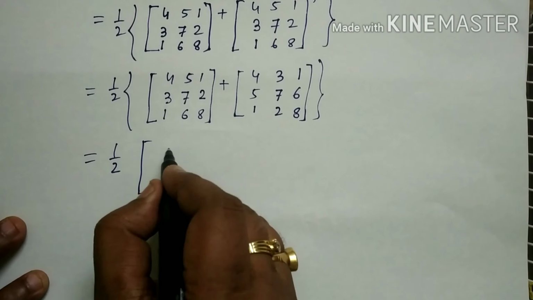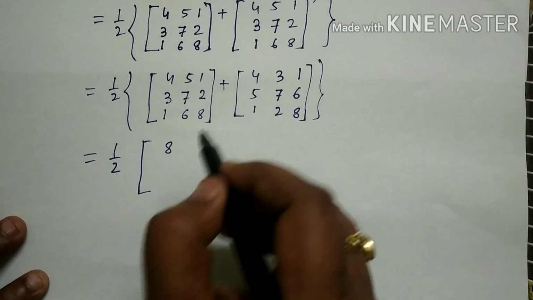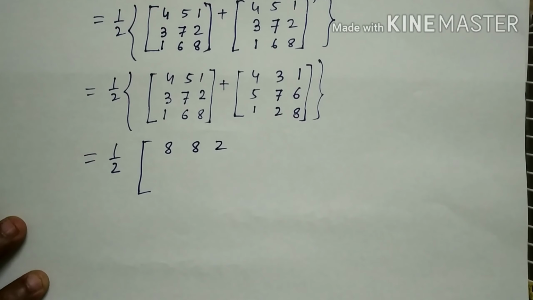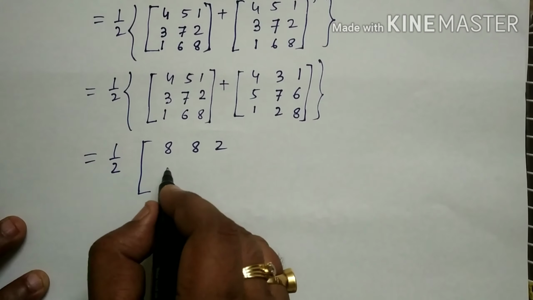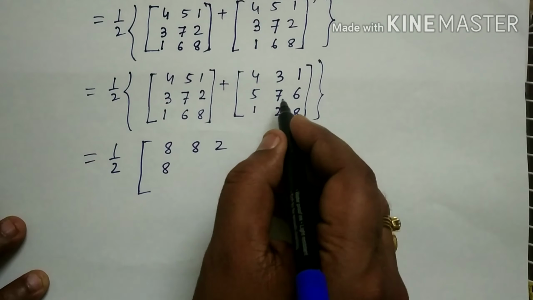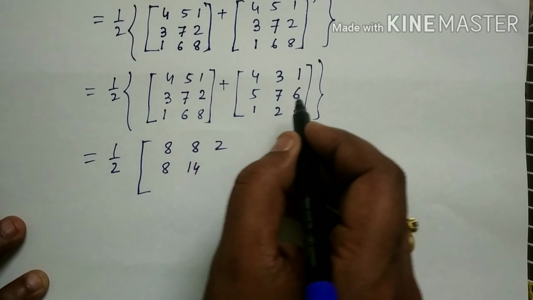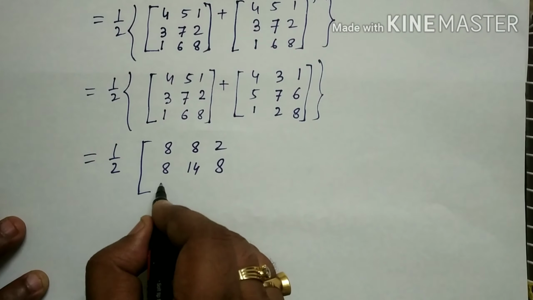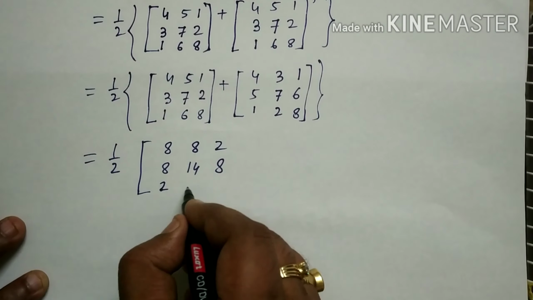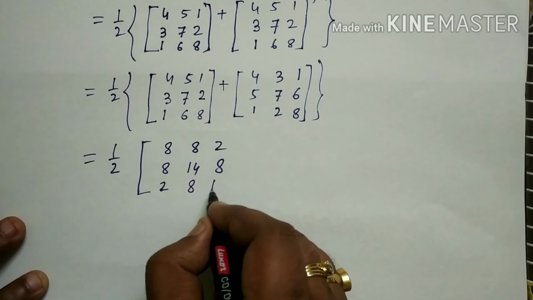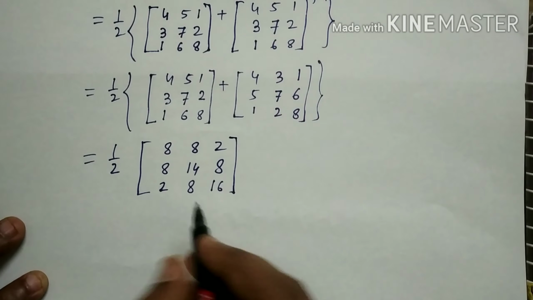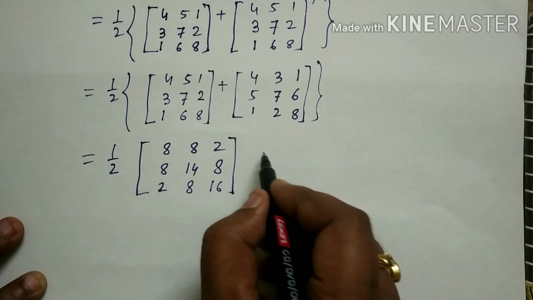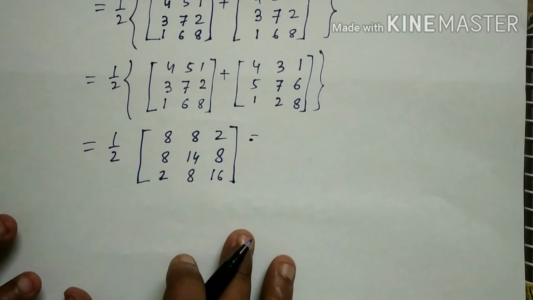4 plus 4 is 8, 5 plus 3 is 8, 1 plus 1 is 2. Okay, 3 plus 5 is 8, 7 plus 7 is 14, 2 plus 6 is 8, 1 plus 1 is 2, 6 plus 2 is 8, 8 plus 8 is 16. Okay, so all are multiples of 2, so you can take 2 common.